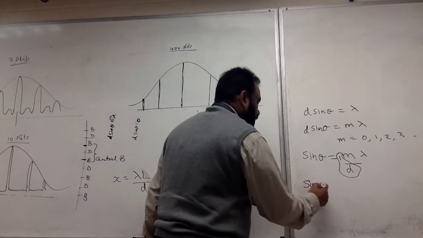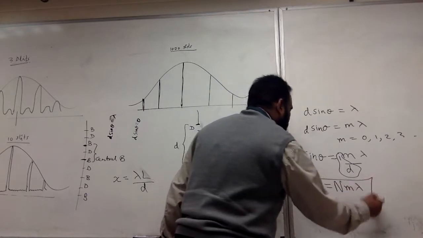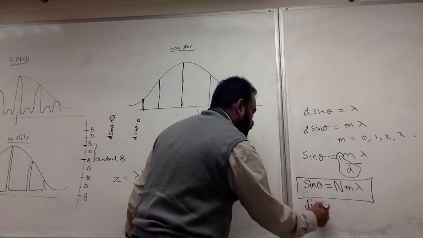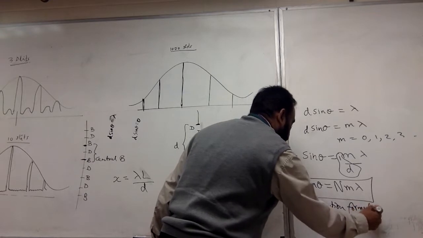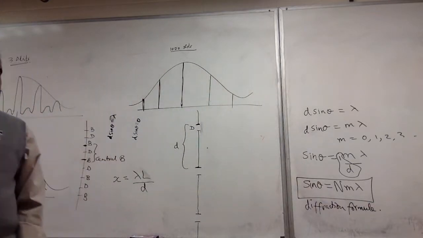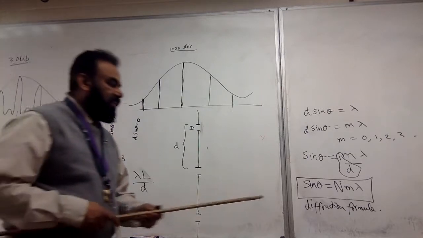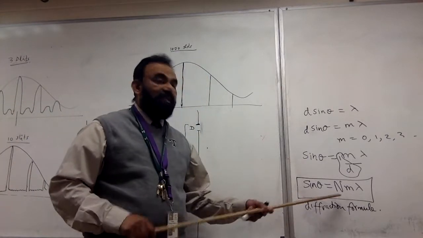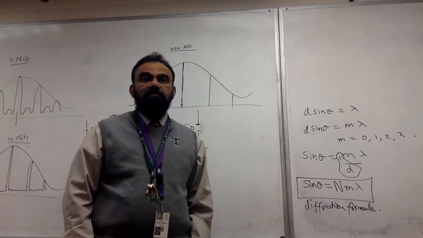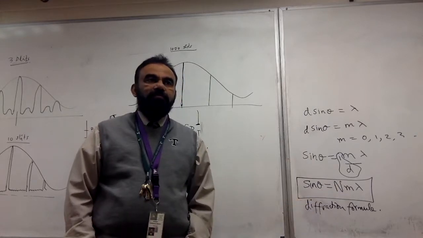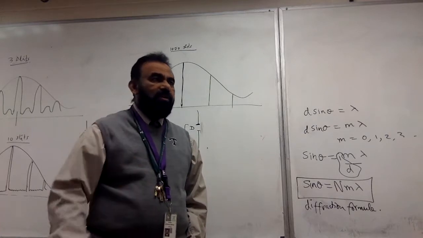So sine theta is equal to N m lambda. This is called the diffraction formula. Capital N stands for number of slits per meter. m just stands for the order. Which order are you talking about?